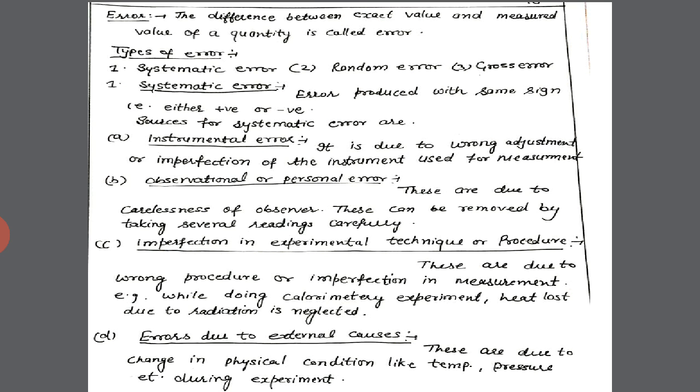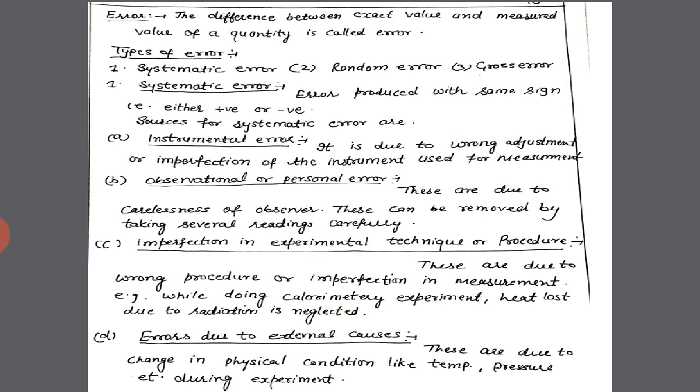Systematic error: error produced with some sign, either positive or negative. The sources of systematic error are instrumental error. It is due to wrong adjustment or imperfection of the instruments used for measuring.